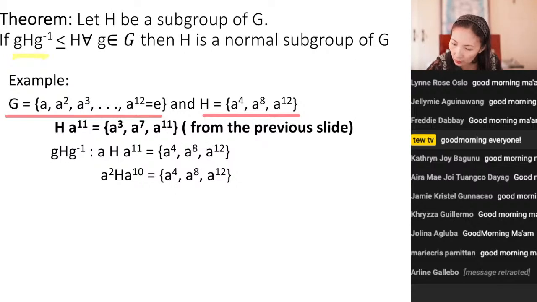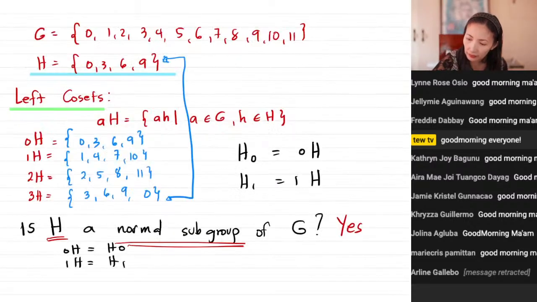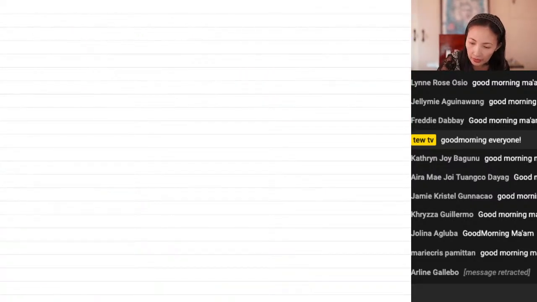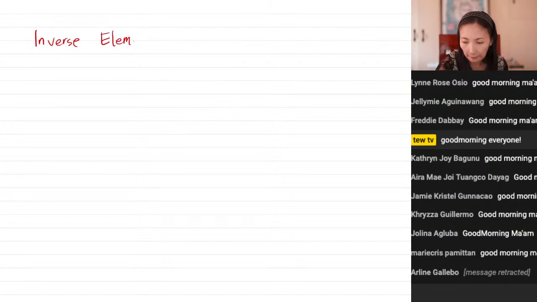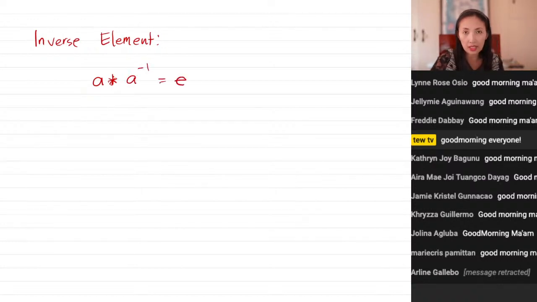by definition, when we speak of inverse, a times its inverse should be equal to the identity element e.